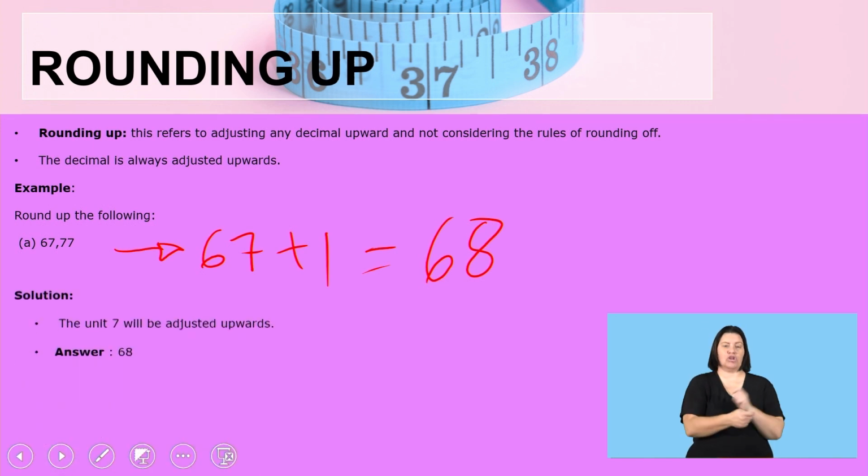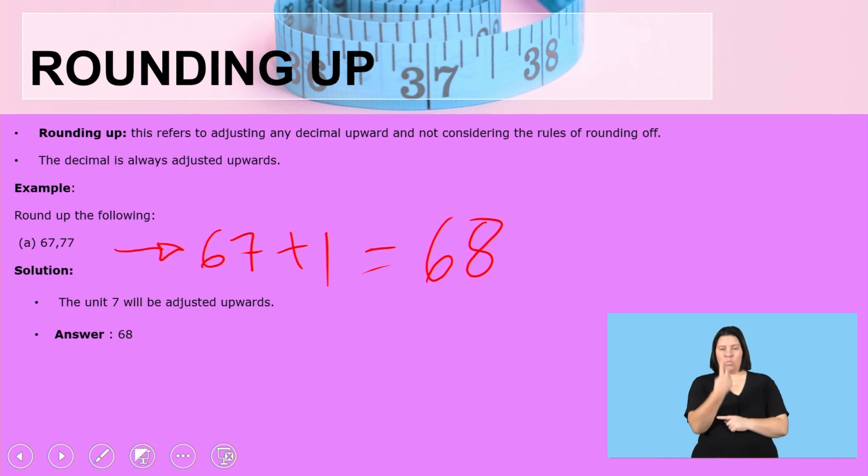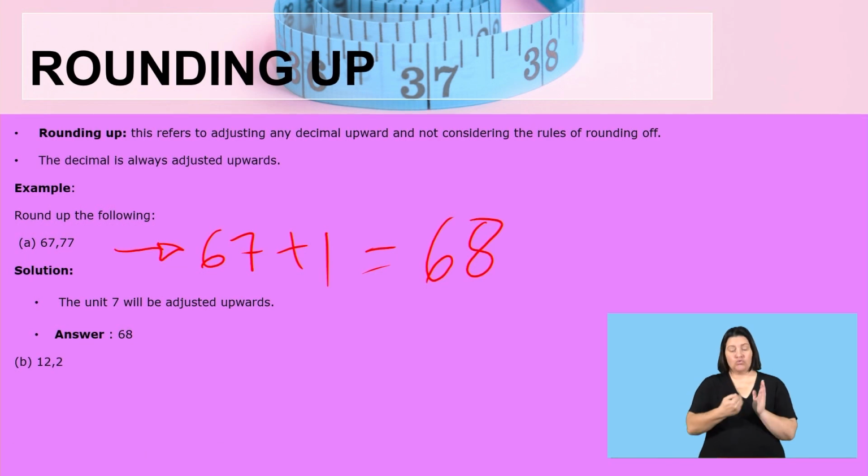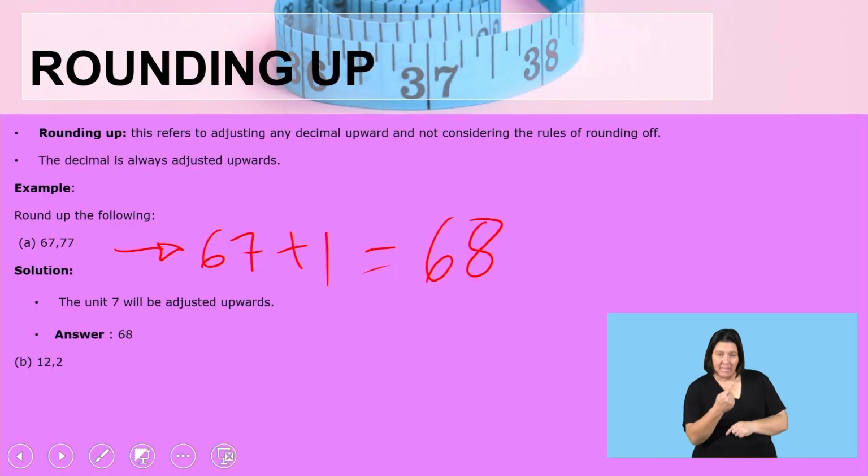And then let us have a look at the second one. For the second one, once more, we need to round up 12,2. It doesn't matter that comma 2 is very small. Even if it's a very small value, because we need to round up, remember, round up means adjusting upwards.